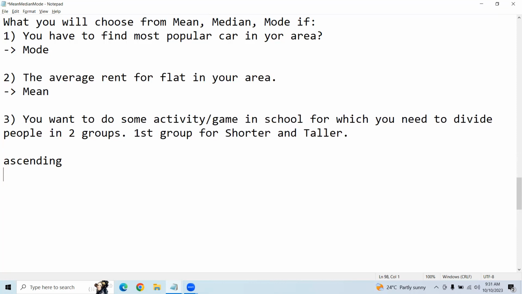So in this case, you will arrange them in ascending order, let's say based on their height, and whatever comes in the middle, you will consider as a distribution criterion. The first part of the middle you can take as one group, which is the shorter people. The other part you consider as the taller group. So here you should go for median.